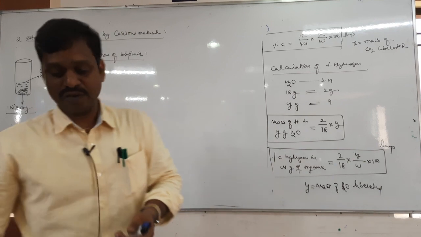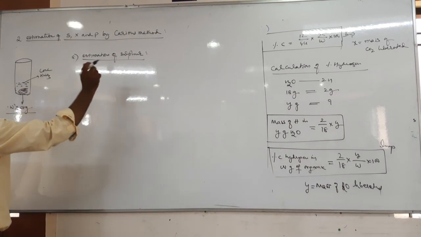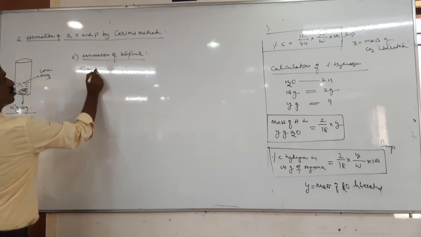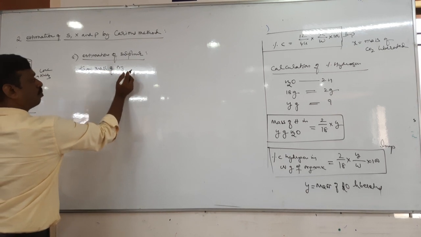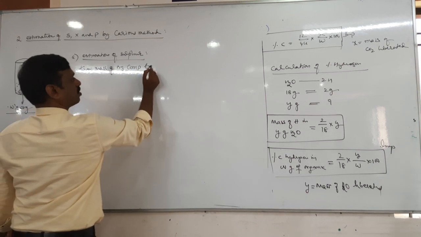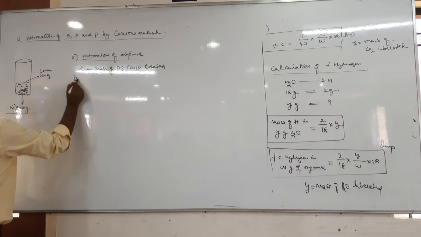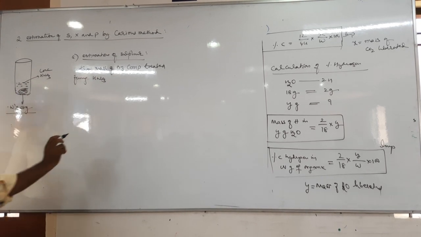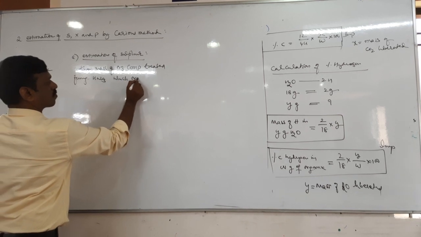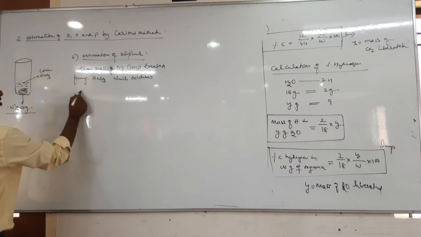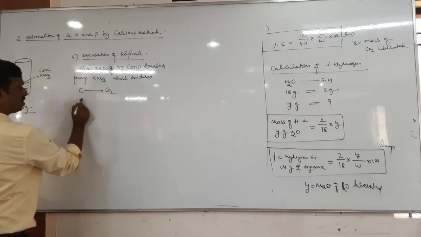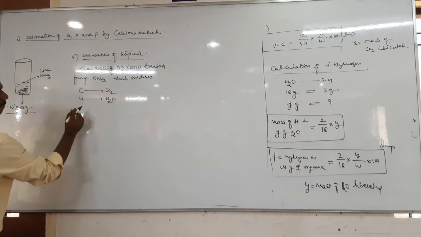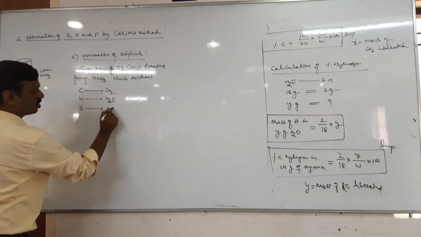So in short, estimation of sulfur by the Carius method: a known mass of organic compound is treated with fuming nitric acid, which oxidizes carbon to carbon dioxide, hydrogen to water, and sulfur to sulfuric acid.